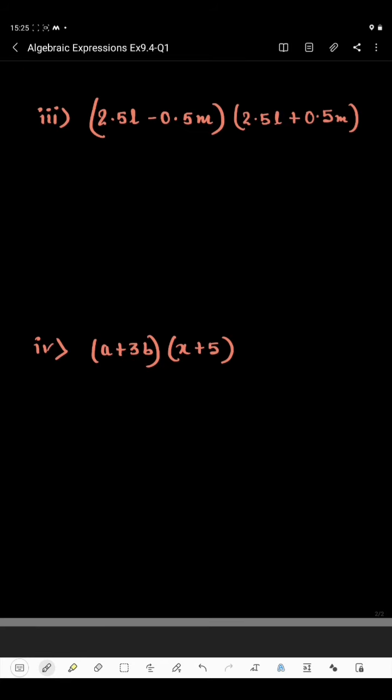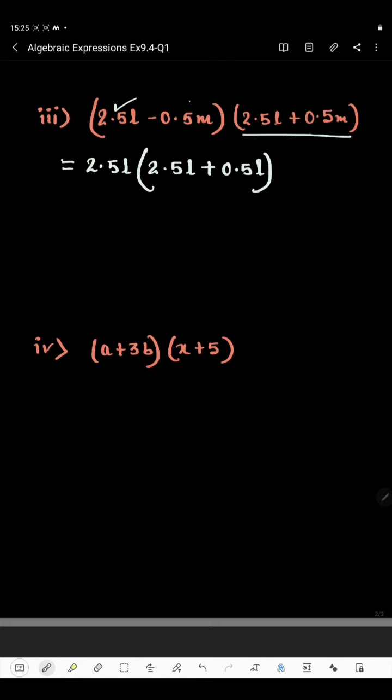Now in the third part we have 2.5L minus 0.5M, which will be multiplied by 2.5L plus 0.5M. So here we will take the first term, which is 2.5L, from the first expression, and this should be multiplied by the second expression, which is 2.5L plus 0.5M.